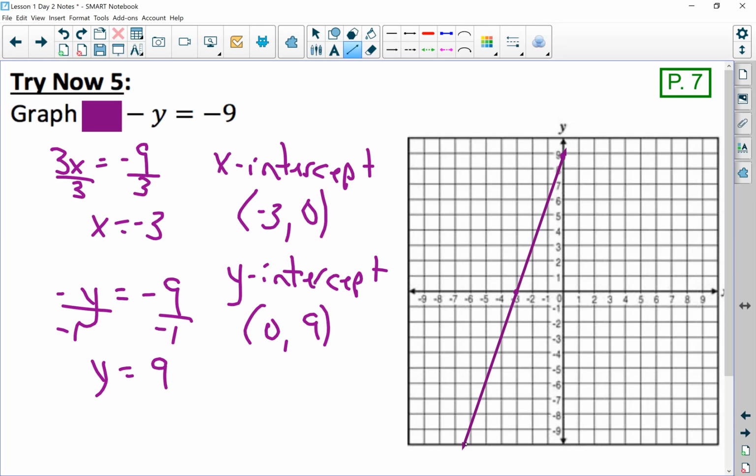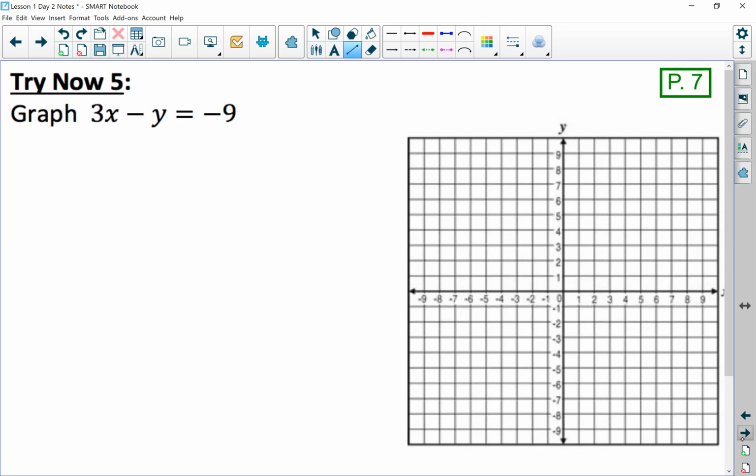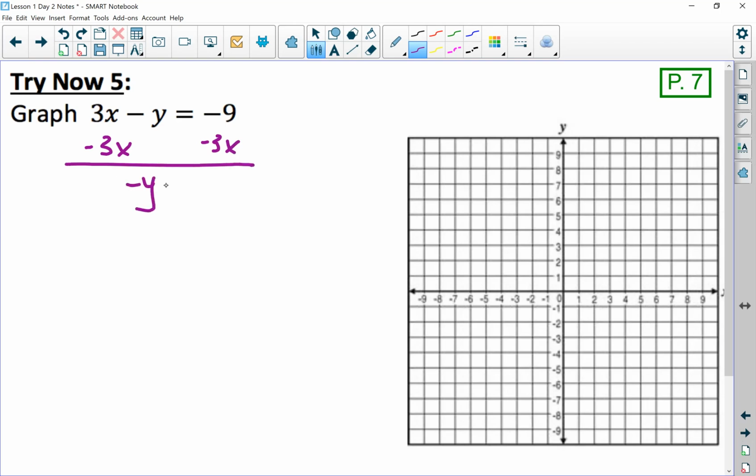If you solve it into the y equals form, this one's actually not bad. I would subtract 3x from both sides. The biggest thing to remember, you can't take 3x and subtract 9 from it because they're not like terms, they can't be combined.